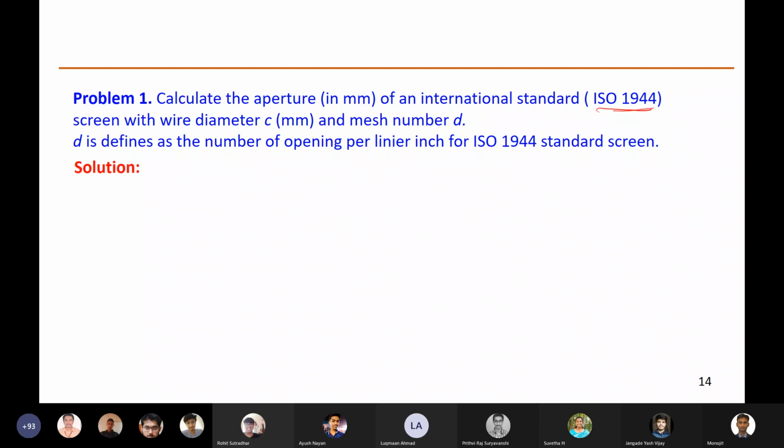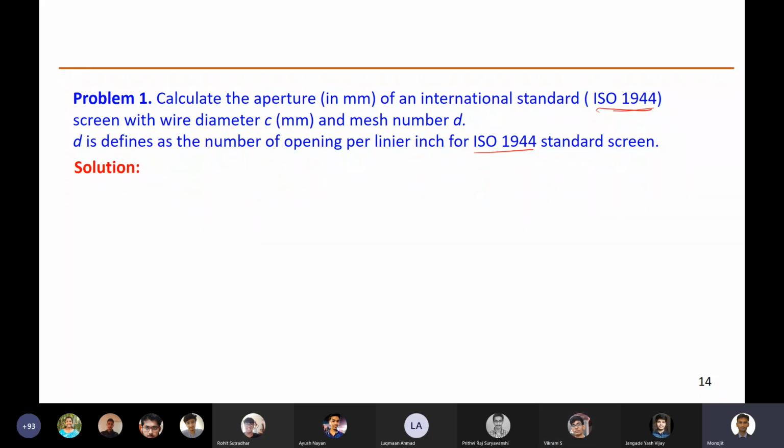So when I'm saying this is ISO 1944, which standard screen am I talking about here? Indian or international? International. Yes, the reason I focused on the ISO 1944 and asked you the question is to make you confused, nothing else.